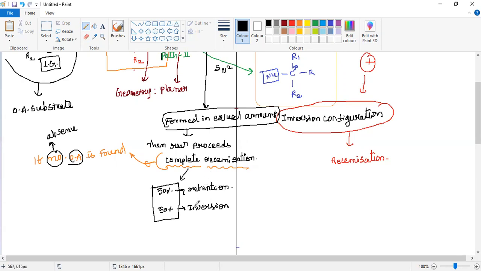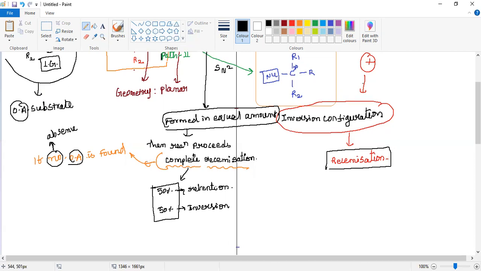So in most of the cases, optically active alkyl halides mostly undergo SN1 reaction, and they give partially racemized products instead of completely racemized products.